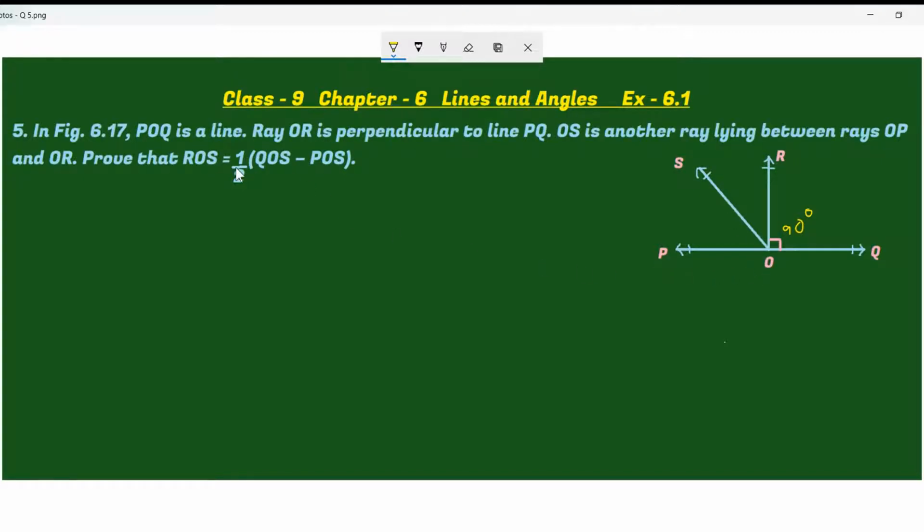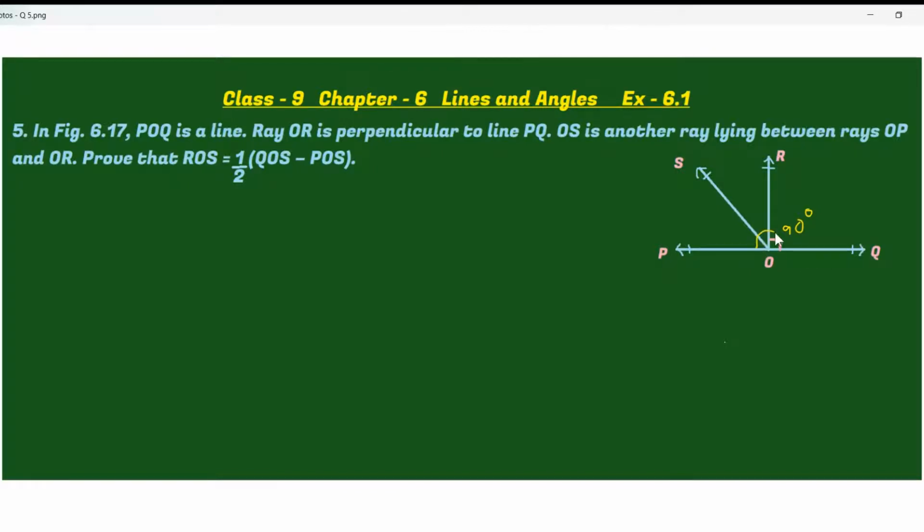We have to prove ROS is equal to half of QOS minus POS. Let's see how to prove that. For that we have to make the equation with ROS. How can we make the equation? First we will take POQ, that means the angles formed by line POQ. There are three angles.